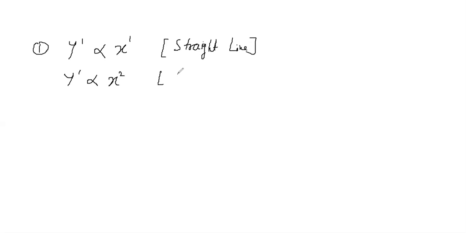If y is in power 1 and x is also in power 1, this is the equation of a straight line. If y is in single power and x is in double power, then the path is parabolic.